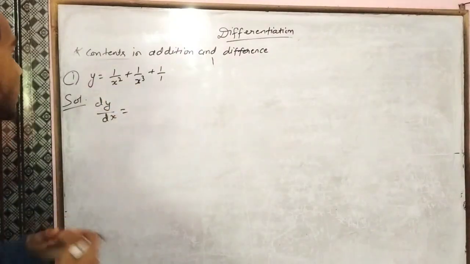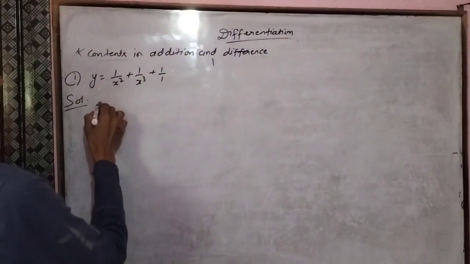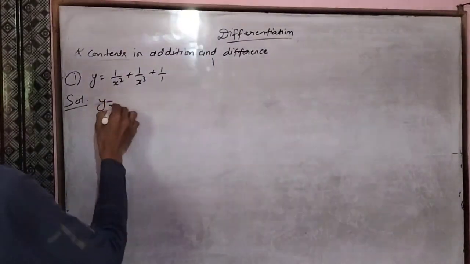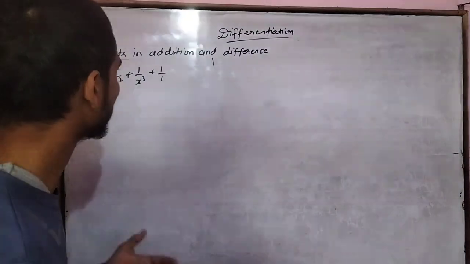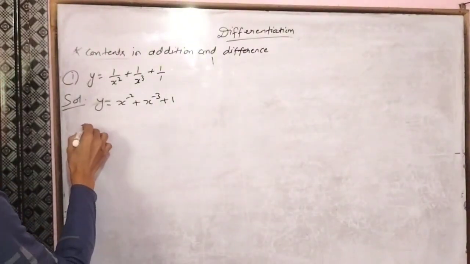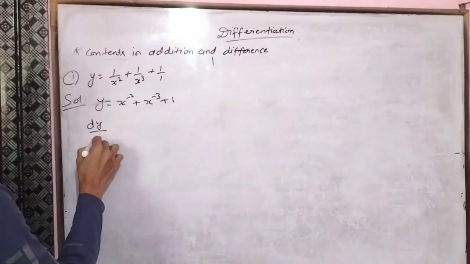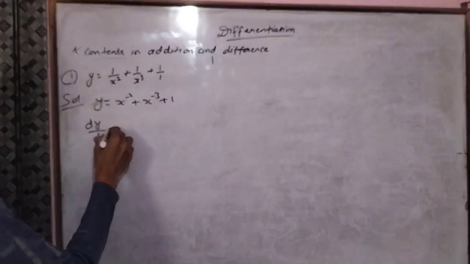First of all, it can be written this way. You can also read it. We are converting this fraction, this rational number, into a natural number. It can be written like this. Now we are able to solve it easily.